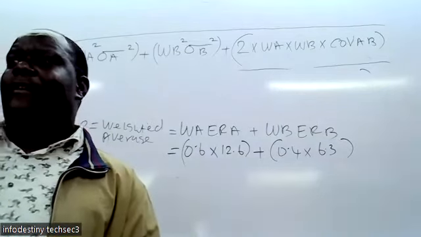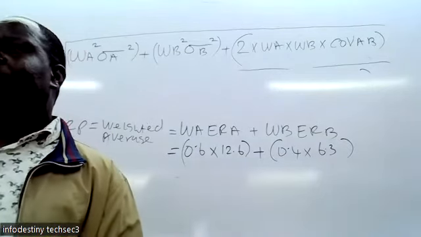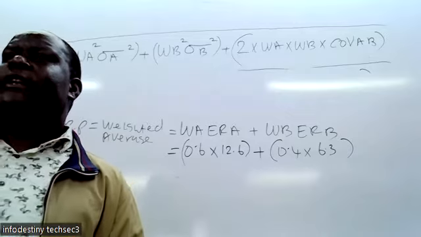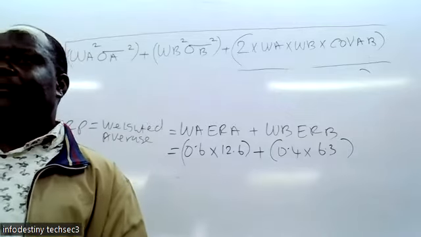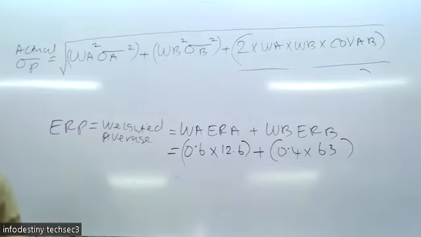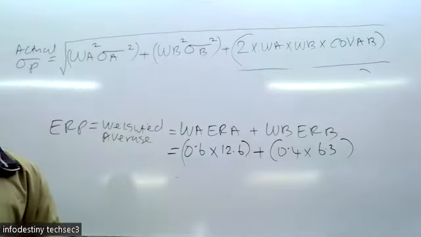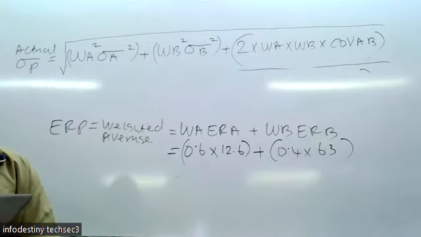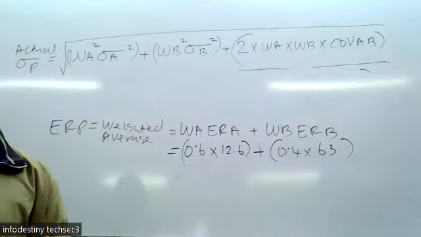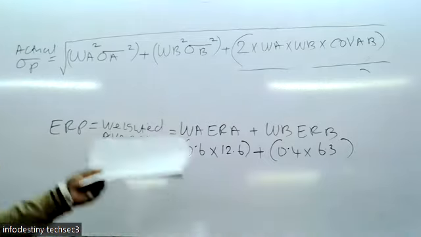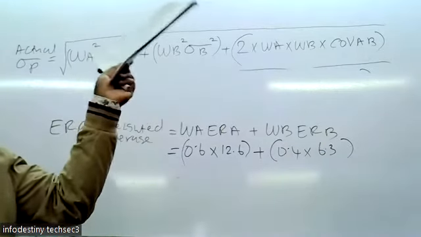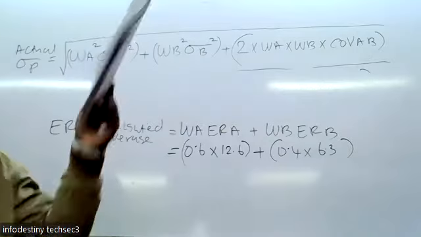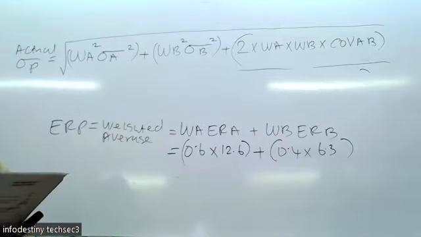When they say perfectly positively correlated, they have already calculated the correlation coefficient for you. It is +1. So they were asking you to compute the portfolio risk. For that, we apply that part of the formula.